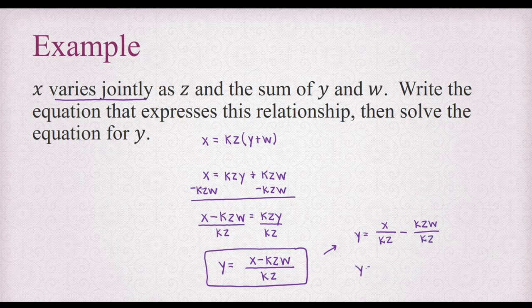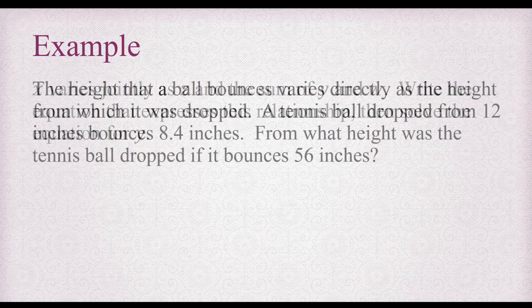So then that would technically simplify into the first fraction not changing, but then the kz's are going to simplify, so then it would just be minus w. So either way, those 2 things right there are equivalent. But I'm okay if you just leave it as that one big fraction.